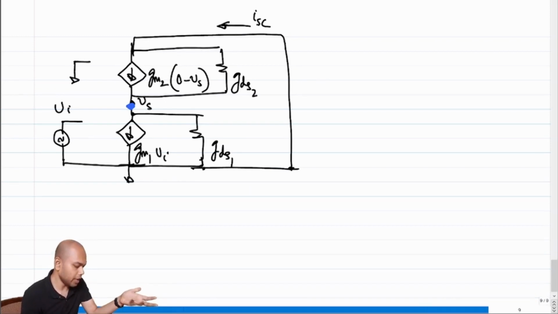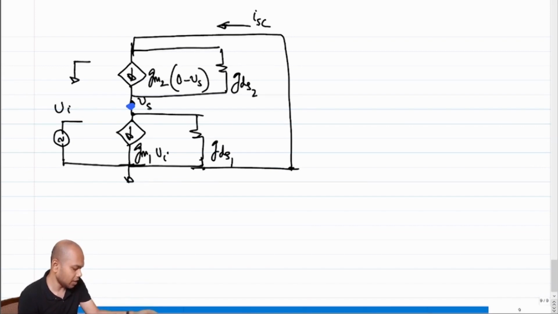In order to do a KCL at any node, you need to know the impedance attached to the node. So sometimes it is useful to pause before you write out the full-blown equations, to see if we can ease our life by trying to figure out the impedance associated with the node first, and then go ahead and apply a KCL.